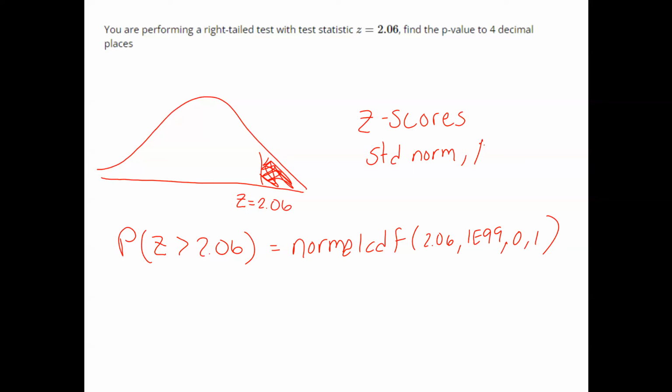So mu is 0 and sigma is 1. Okay, so let's go over to our calculator, go to our distributions. We're doing a normal with a lower limit of 2.06, an upper limit of infinity, mean of 0, standard deviation of 1. So the p-value is 0.019699.